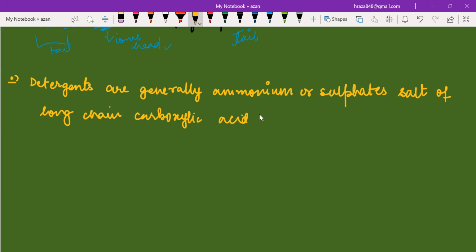Please do write it. So basically, that is not a sodium salt, it is a sulfate or ammonium salt of carboxylic acid.